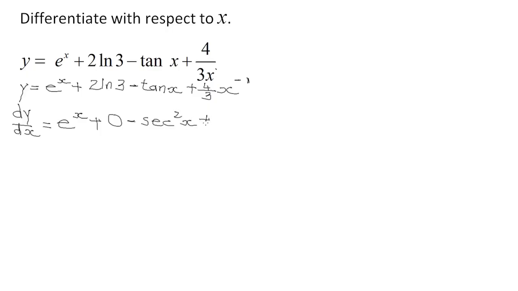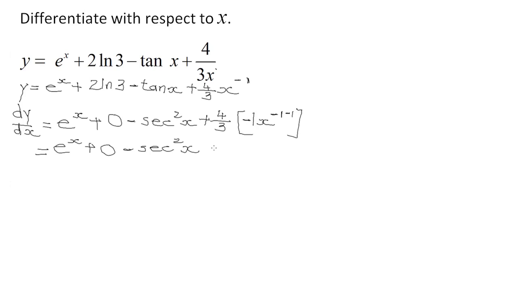And then the power rule, formula number 5, 4 over 3, that's my constant, times minus 1, exponent x, that exponent must be reduced by 1. Now I'm just going to simplify my fourth term. e^x remains unchanged, plus 0 minus sec squared x.